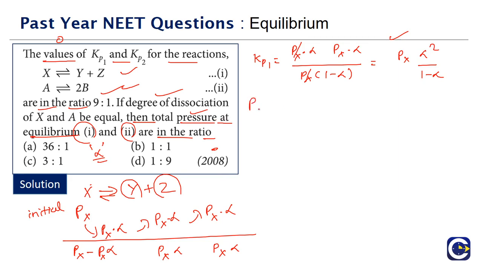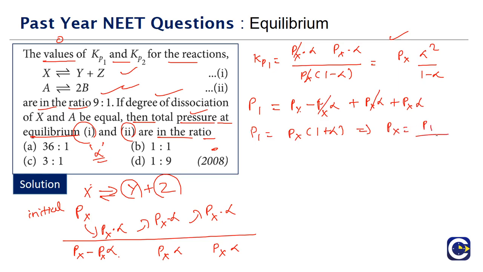So let's say the total pressure in the first reaction is P1 at equilibrium, which will be equal to the pressure of X, which is Px minus Px into alpha, plus pressure of Y, which is Px into alpha, plus pressure of Z. So Px into alpha is cancelled. So P1 is equal to Px into 1 plus alpha. In other words, we can substitute Px is equal to P1 by 1 plus alpha. So wherever we have the Px value, right?